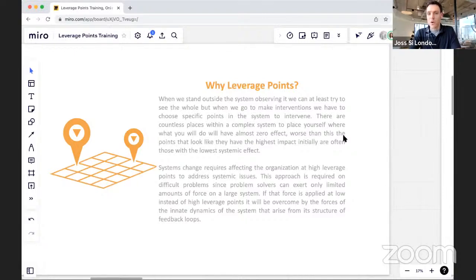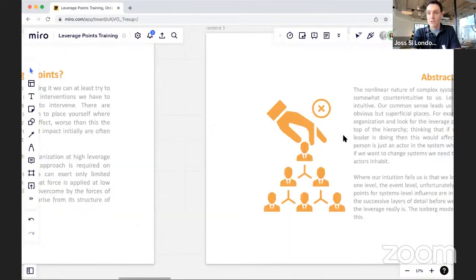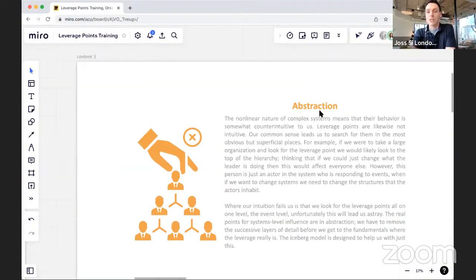This approach is required on difficult problems since problem solvers can exert only a limited amount of force on a large system. If that force is applied at a lower instead of higher leverage point, it will be overcome by the forces of inertia, the dynamics existing in the system. So it's the idea that we have to be highly strategic in system change.